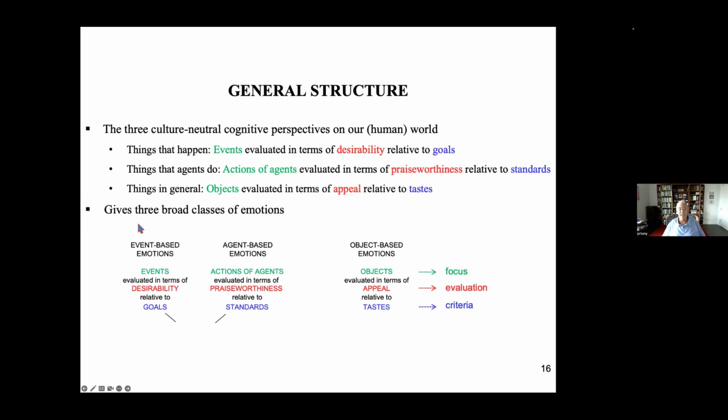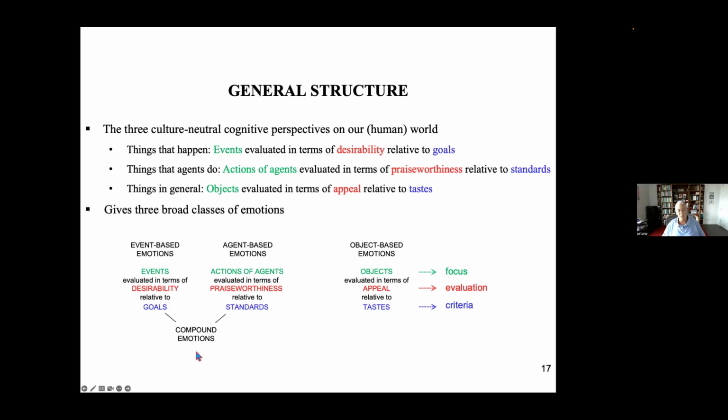So this gives rise to three broad classes of emotions, what we call event-based emotions, agent-based emotions, and object-based emotions. And then in addition, we do in OCC have a group of compound emotions, which involve simultaneously considering what's going on in terms of the event and the action, what it was that somebody or something did, and the desirability of the associated event.